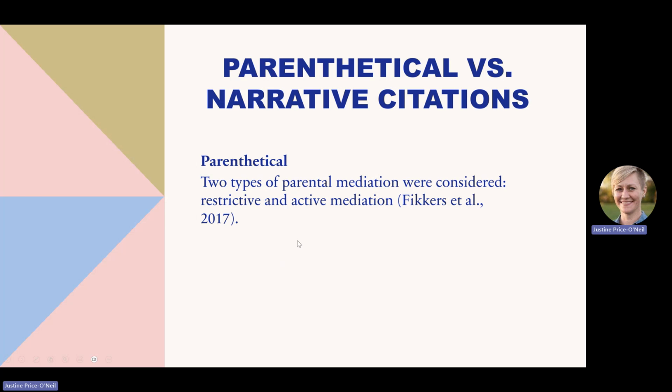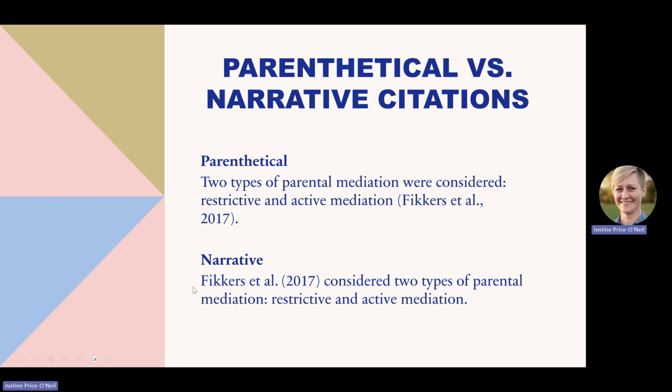And then the year. You can also do it in a narrative form, which means that you have the author's name listed right in your sentence. So if I want to say Fickers et al. considered two types, it's the same paraphrased information, but I'm using the author's name in my sentence. In that case, I put the year in parentheses right after the author's name. So just two different ways to have that information.